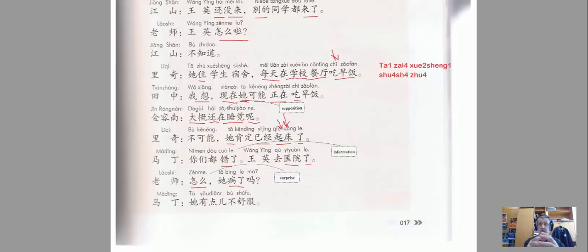So it's now that process of becoming sick is finished. And I guess also it does convey a little bit of that sense of change of state, because we assume from the context of the dialogue that she hasn't always been sick. So this is a new state. So 她病了吗? And then Ma Ding says 她有点儿不舒服.